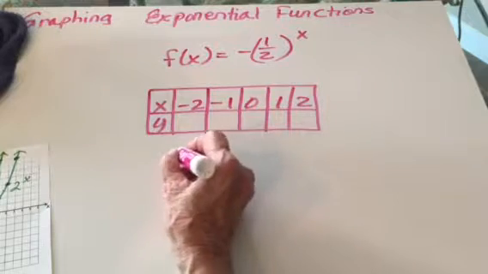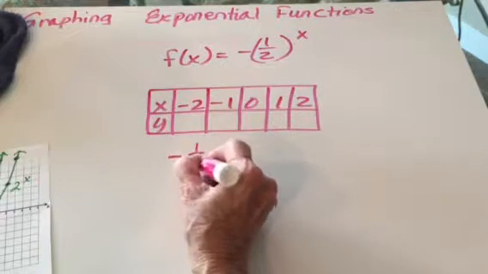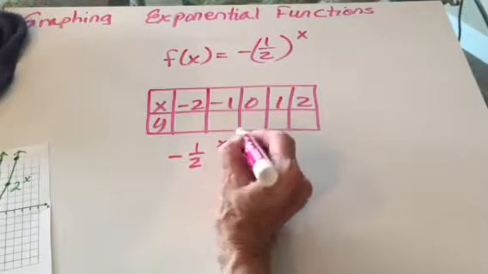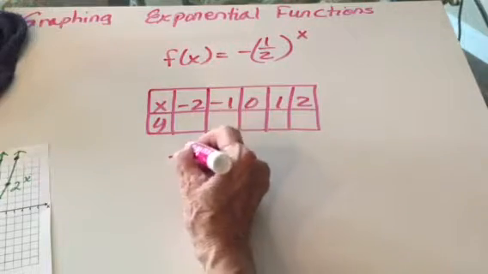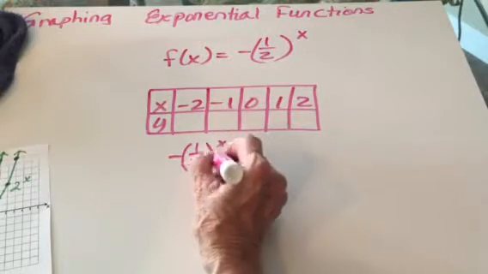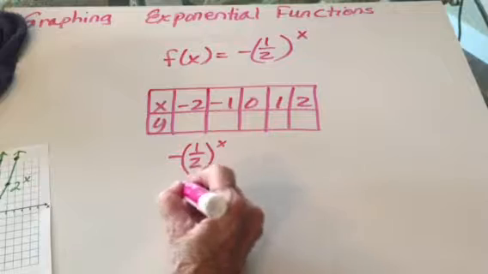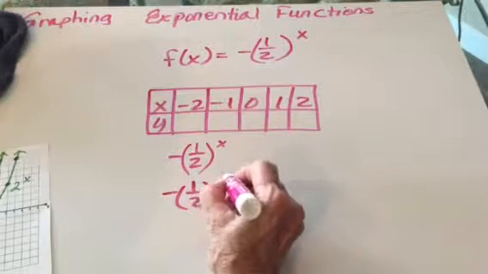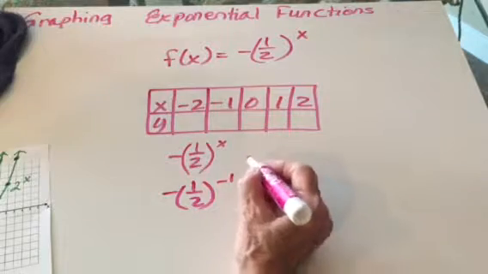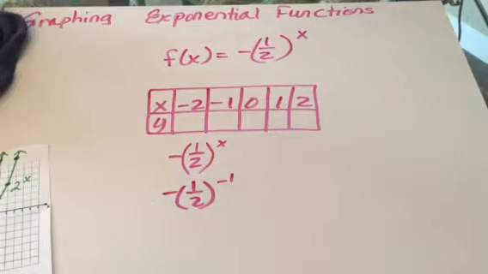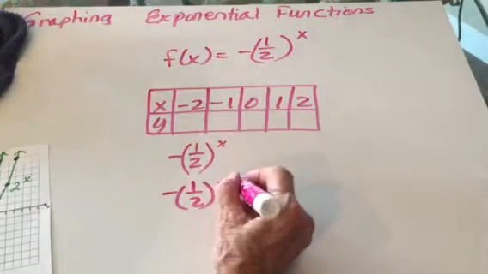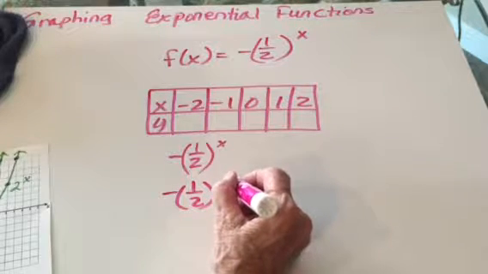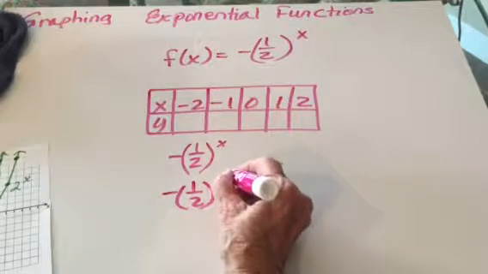All right, now we have -1/2 to the x power. Whoops, I have to go like this, guys. All right, so now I'm going to have -1/2 to the -1 power, excuse me, the -2 power.